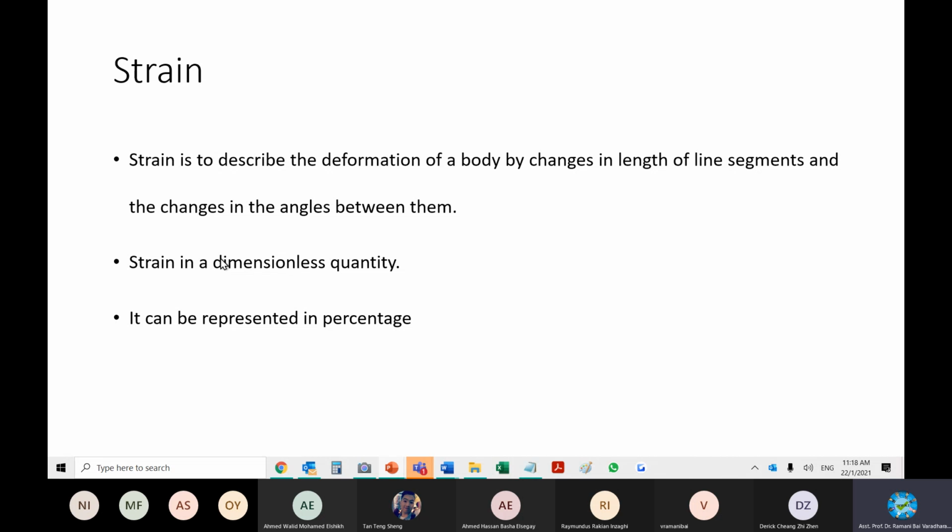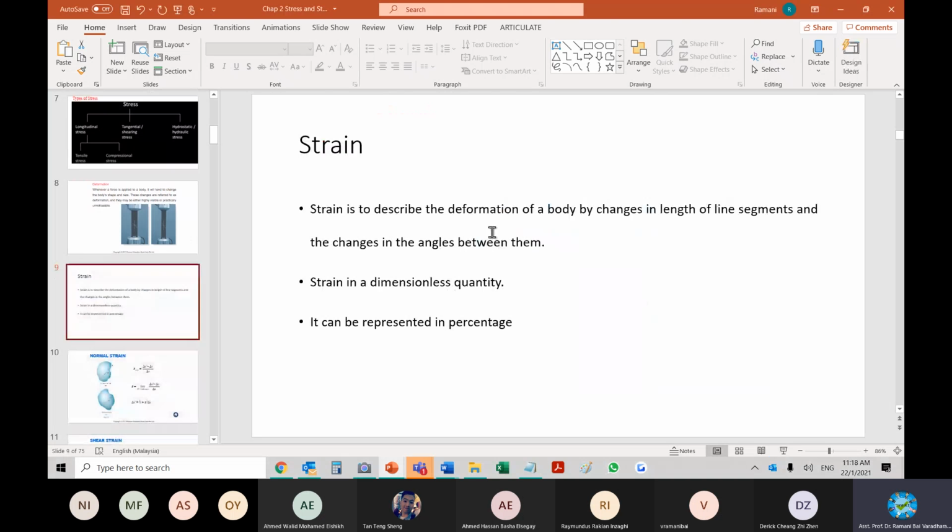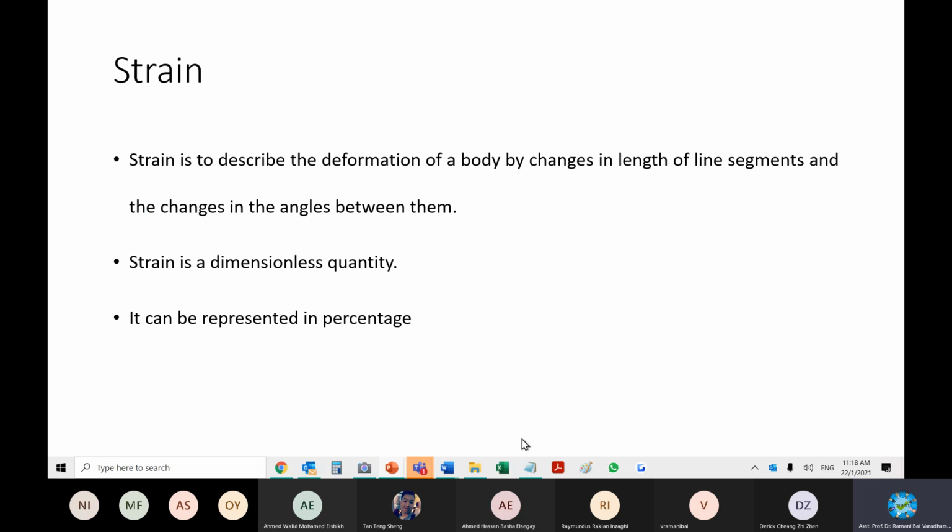Strain is a dimensionless quantity, but made up of linear dimensions. It is represented by a number. It can be a rate, a rate of change, always remember.